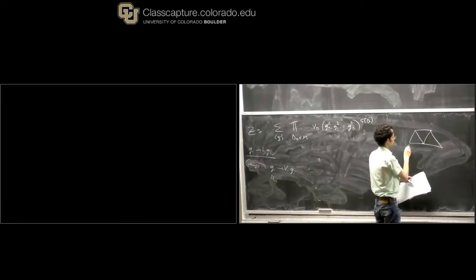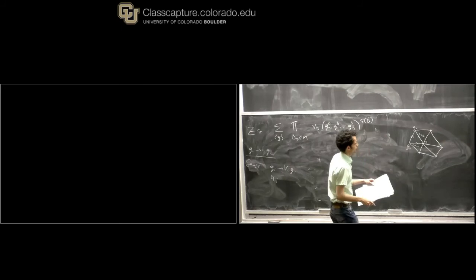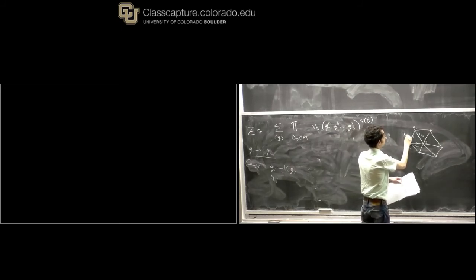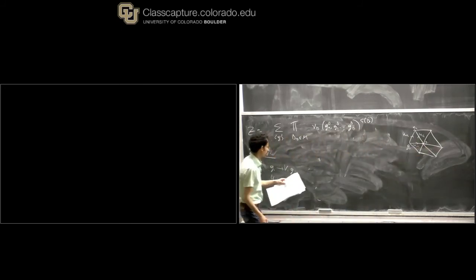Right, so I still have G's sitting on the sites of my complex, but now I have U's sitting on the links, satisfying the consistency condition there, and they transform in this way.